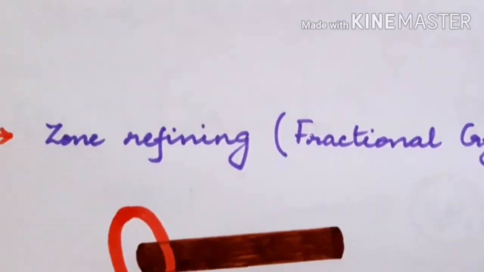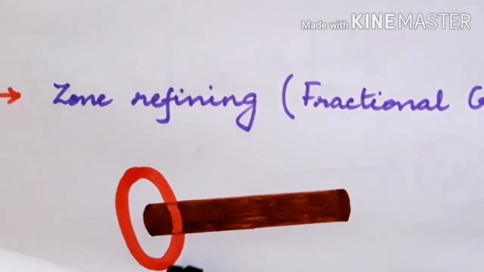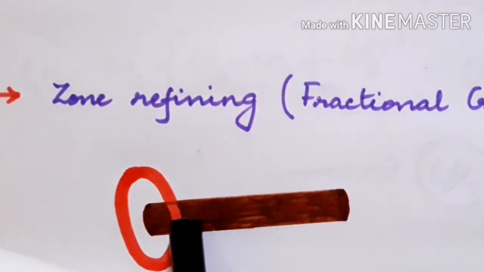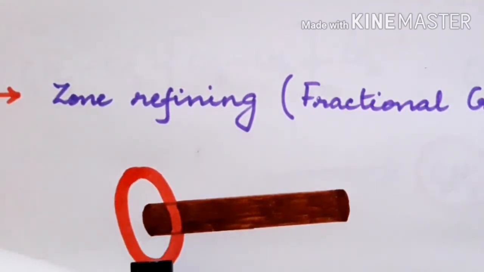Here, we take a circular heater through which the impure metal in the form of rod is passed. The circular heater is heated and this is kept in an inert atmosphere. When the rod passes by, the moment it reaches the vicinity of the circular heater, it starts melting.